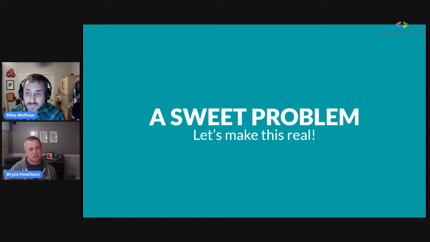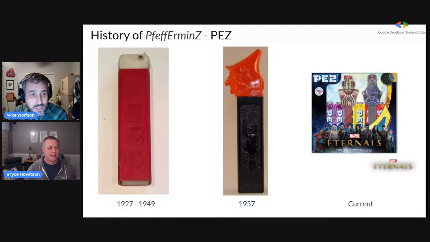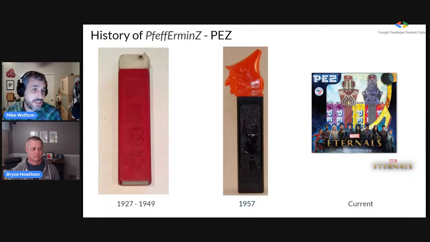And he's going to talk to us a little bit about collecting. What are they called, Mike? Pez dispensers? Dispensers. I'll tell you exactly how they all came about. So we'll talk a little bit about Pez dispensers, and exactly why I'm interested in creating a product around Pez dispensers.